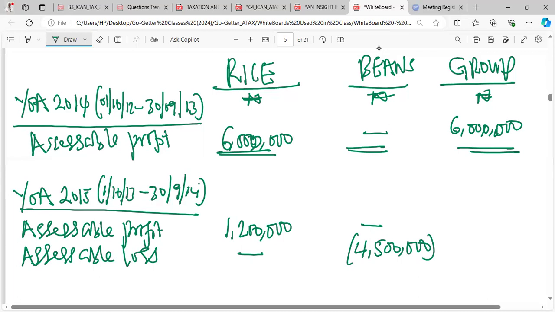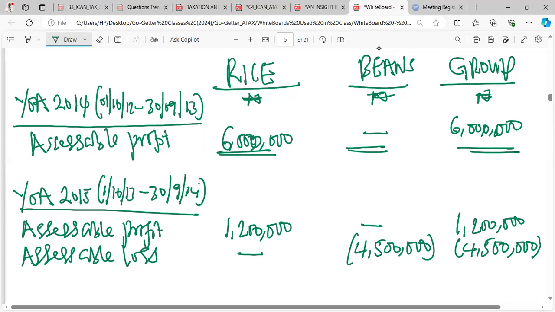So this is 1.2, this is 4.5. Now, because this is a company, you cannot relieve this loss of beans from rice.